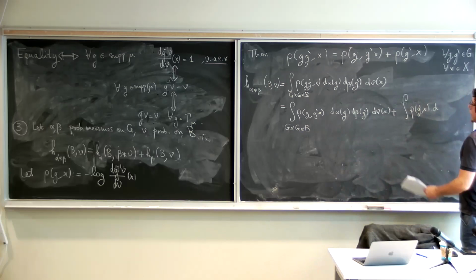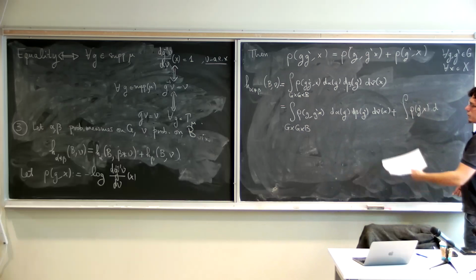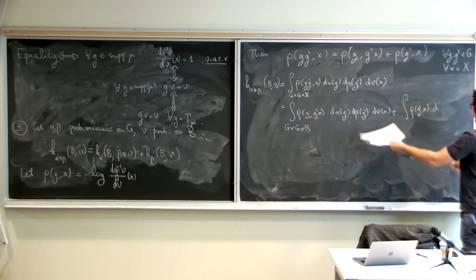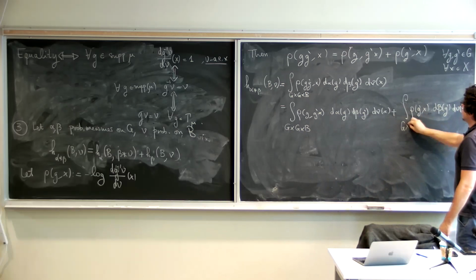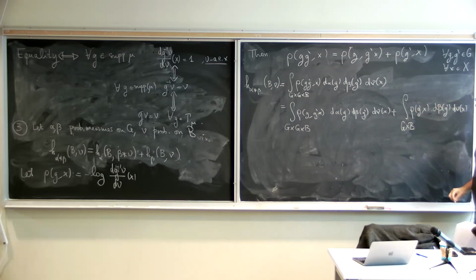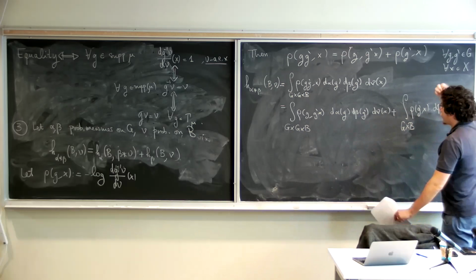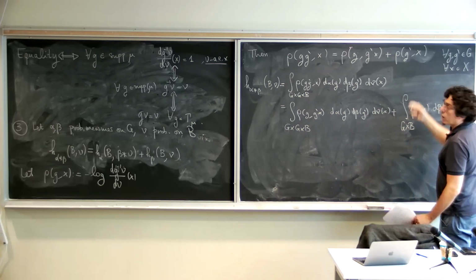Again, in fact, the integral with respect to alpha of G, we can forget about it because there's nothing to integrate. Then this is d beta of G prime d nu of x. So this is an integral over G dot B. So that's literally the definition. And then what else you have to remember?